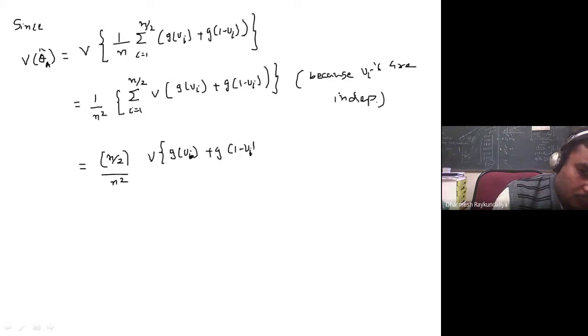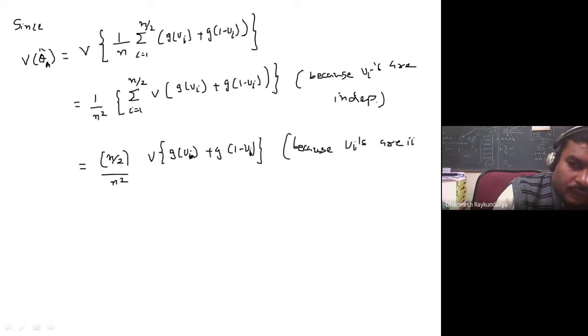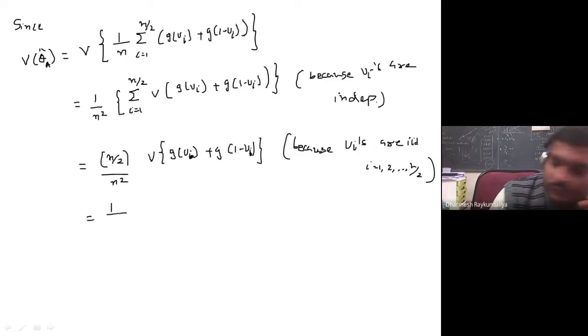Because the ui's are IID, i running from 1 to n by 2. So this n cancels out with this. What will remain? It is 1 upon 2n times the variance of the same quantity.